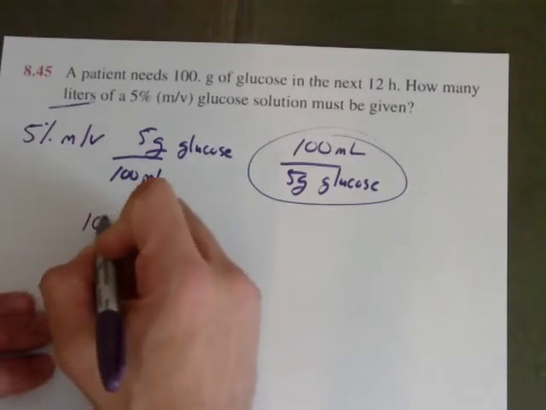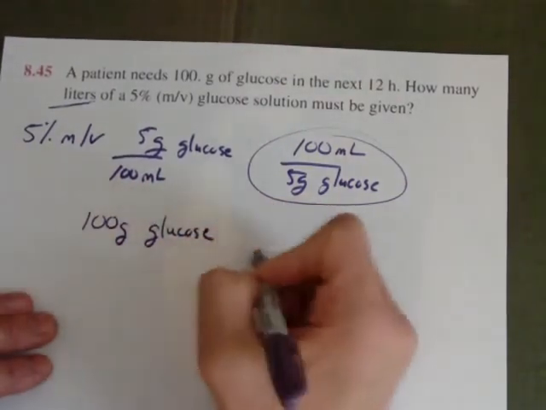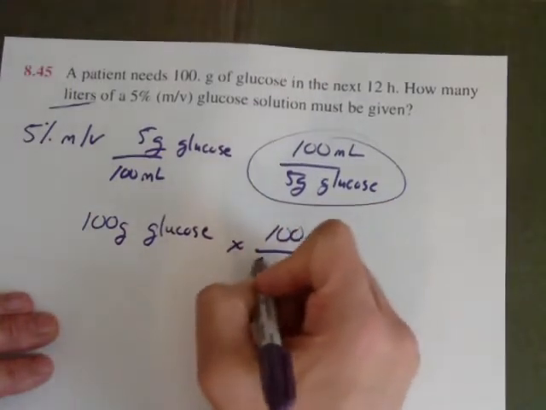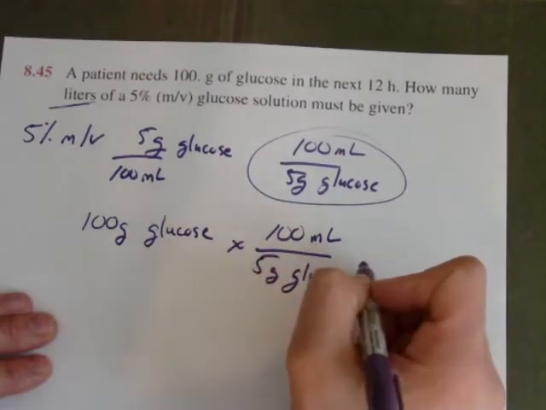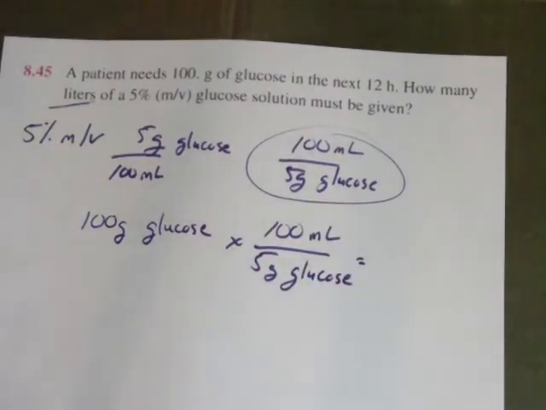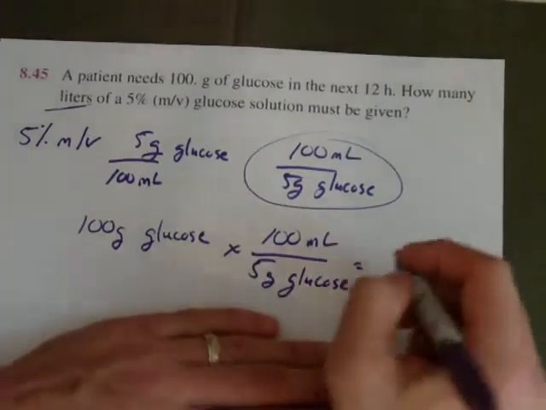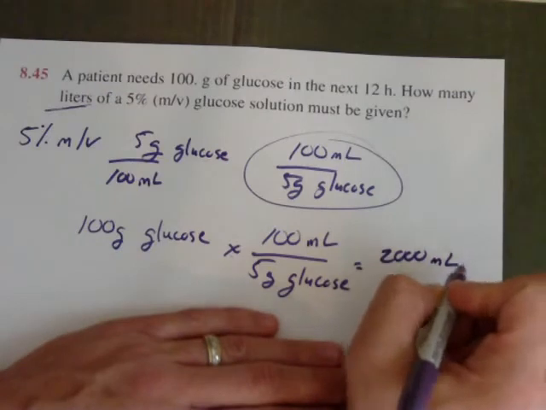So if we know we have 100 grams of glucose, and in 100 milliliters there would be 5 grams of glucose, if we solve this out, we would get 2,000 milliliters of the solution.